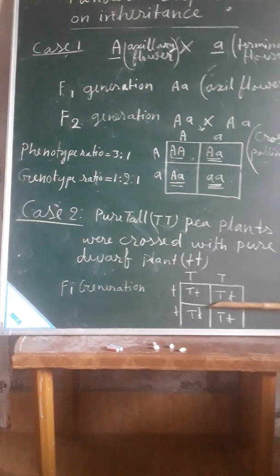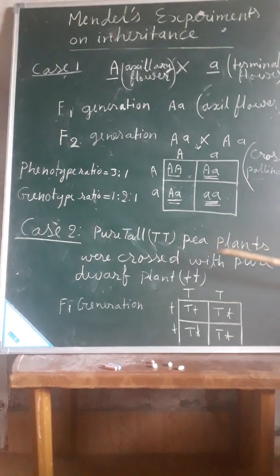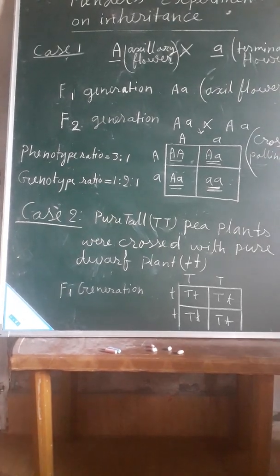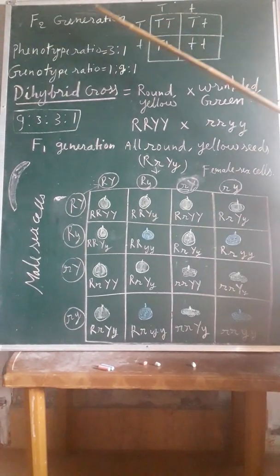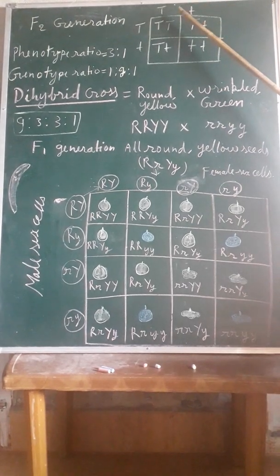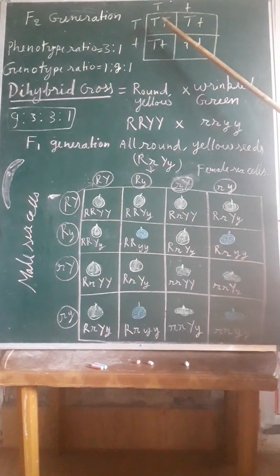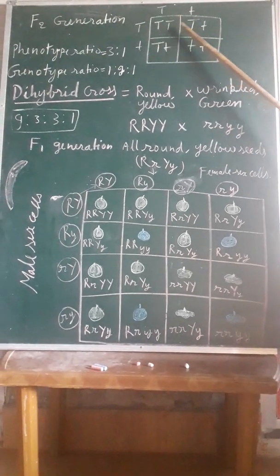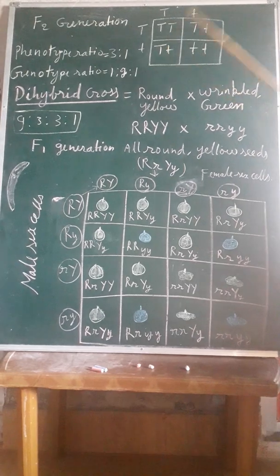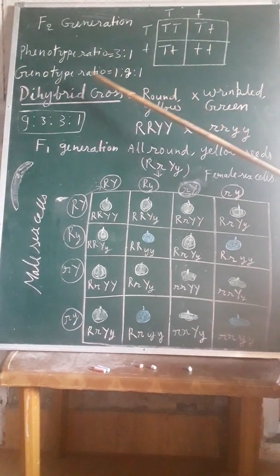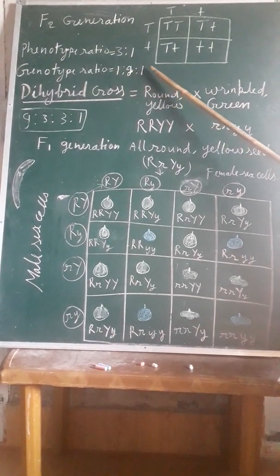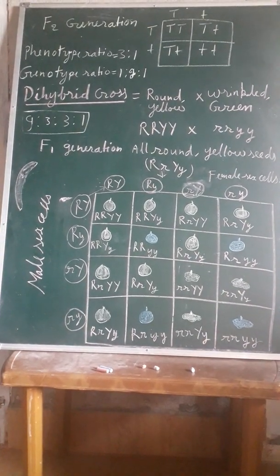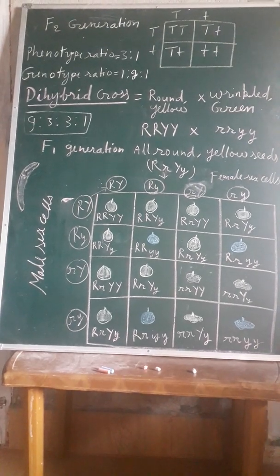In the first generation, he got all tall plants, but all were carriers of dwarf also. In the F2 generation, the cross between those tall plants which were carriers of the dwarf, the same result was got. Phenotype ratio was 3 is to 1, genotype ratio 1 is to 2 is to 1. So he did a number of experiments related to this and he got the same result.